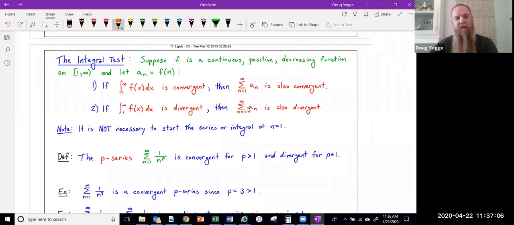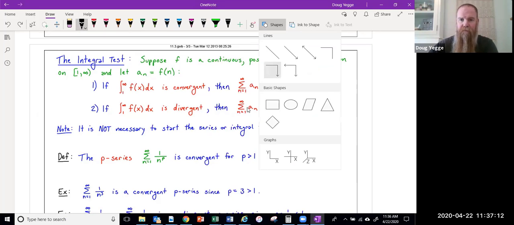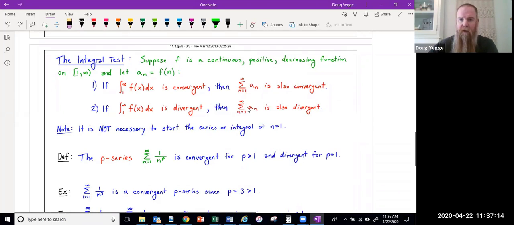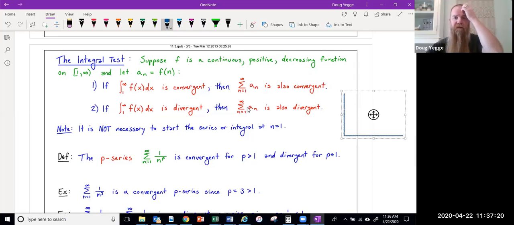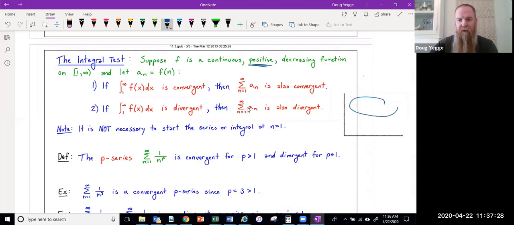And so we just want to make sure that from 1 to infinity, if we were to look at a graph here, then the function is continuous, meaning no breaks. We also need to make sure that it is positive, meaning completely above the x-axis.